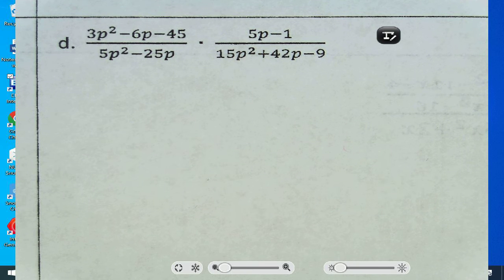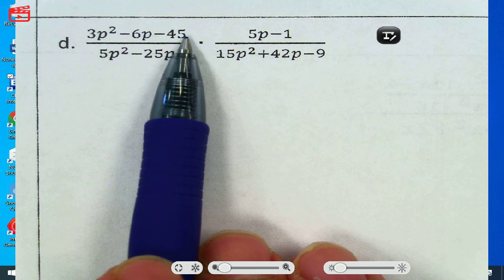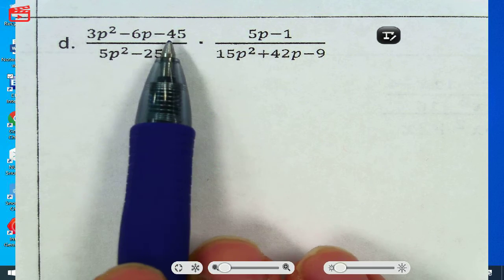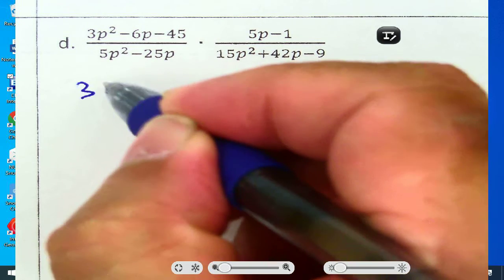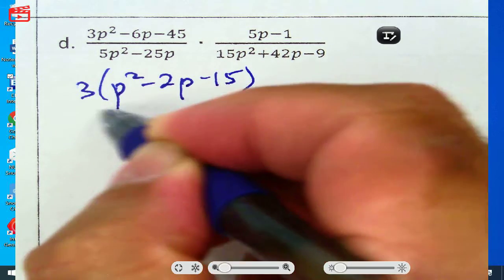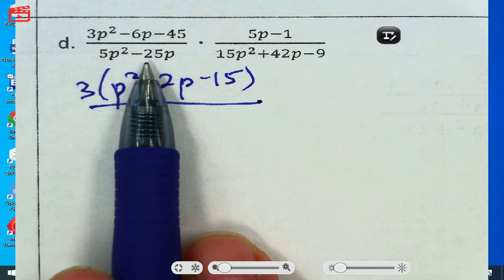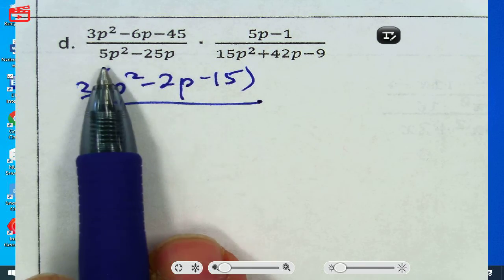All right. First thing I'm going to do is factor out the common factors. I'm going to take out the common factors. So in all three of these, 3, 6, and 45, a 3 goes into it. So I'm going to take out a 3 in the first numerator. The first denominator has a common factor of 5p.